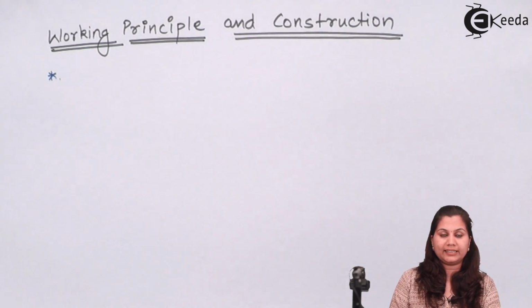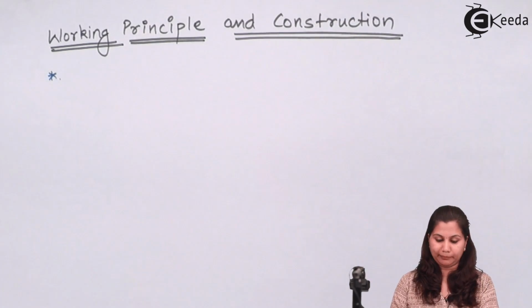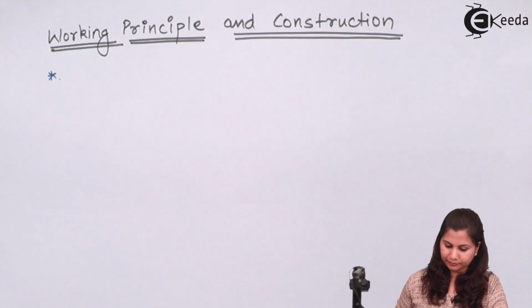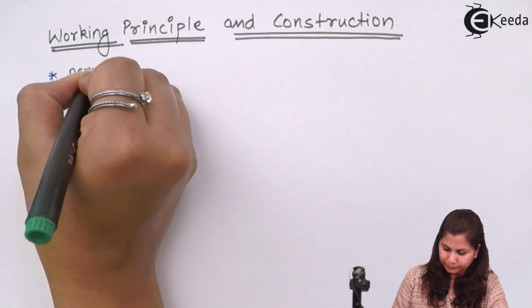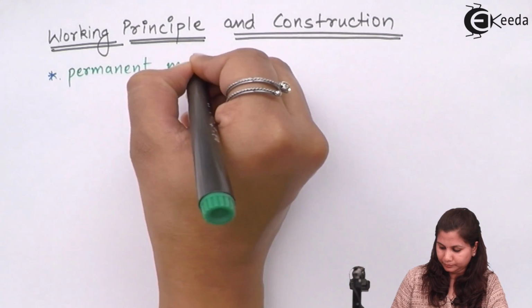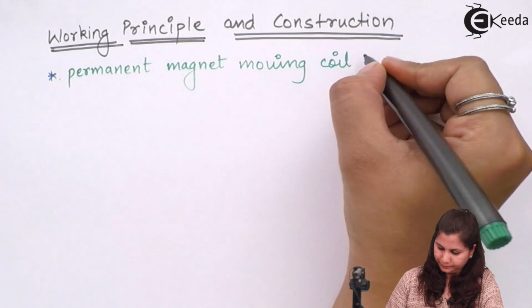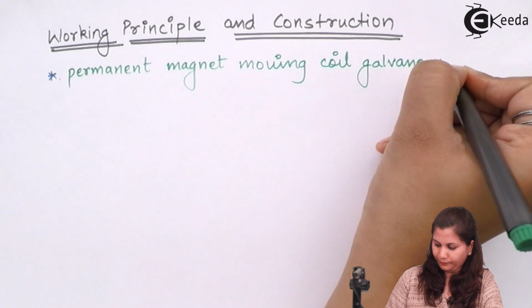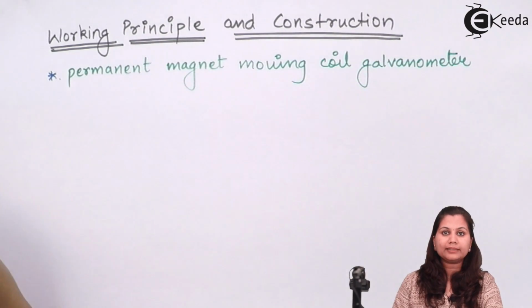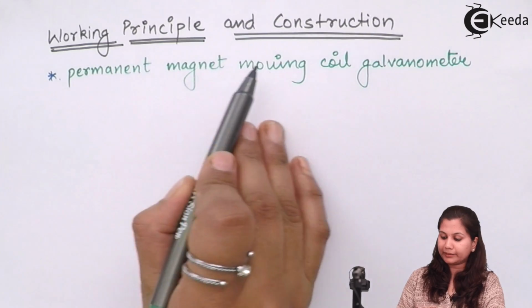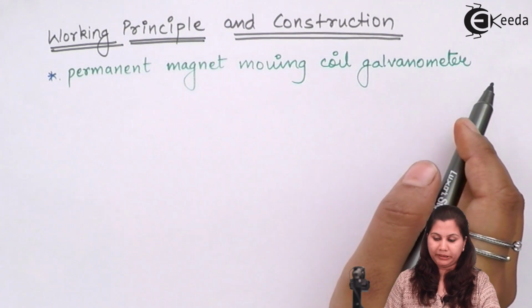Or we can say that it is a galvanometer of PMMC type, that is permanent magnet moving coil type galvanometer. So analog multimeter is basically a permanent magnet moving coil galvanometer.